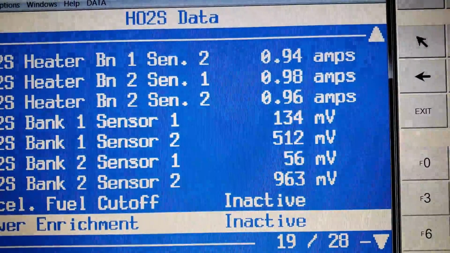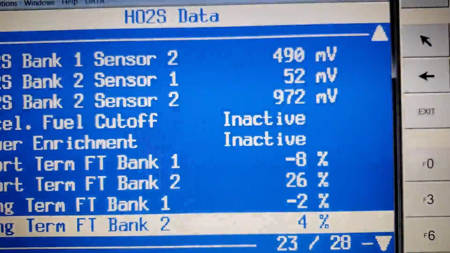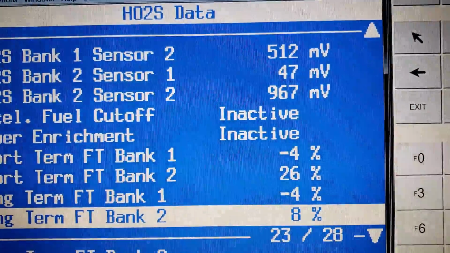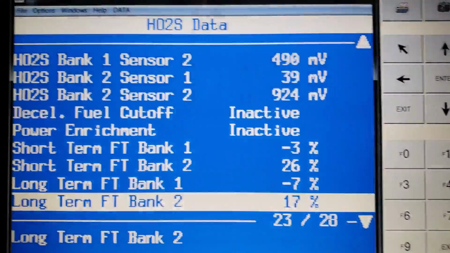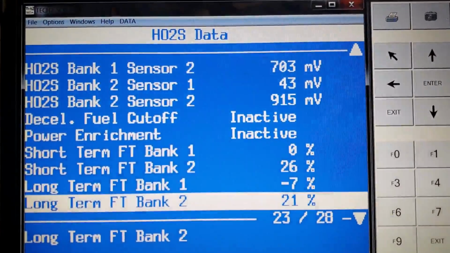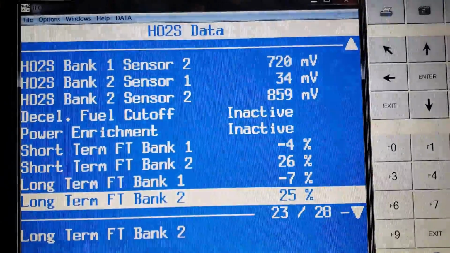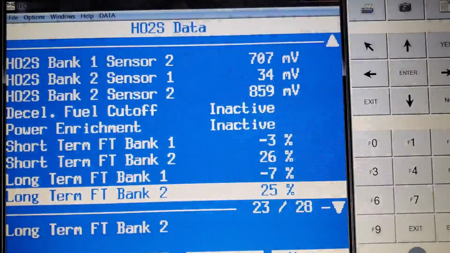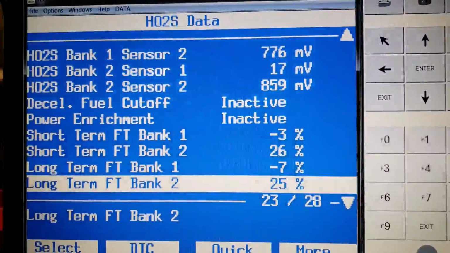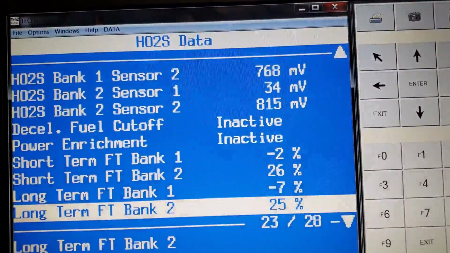Bank 2 sensor 1, and our fuel trims are starting to change. Our long term on bank 2 is starting to climb all the way up. Short term on bank 2 is all the way up. And bank 1 long and short term is starting to mirror what it was doing when the bank 1 sensor 1 oxygen sensor was in bank 1.